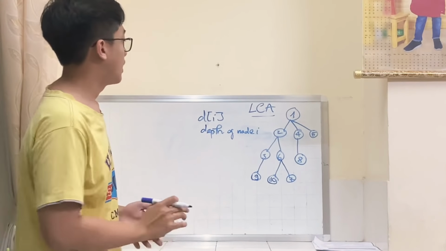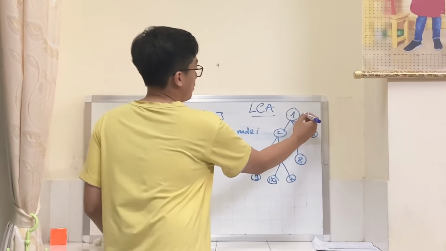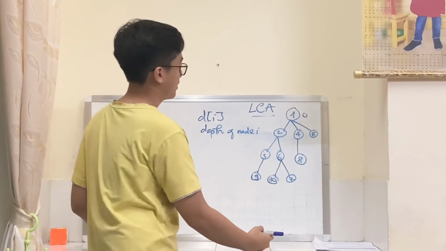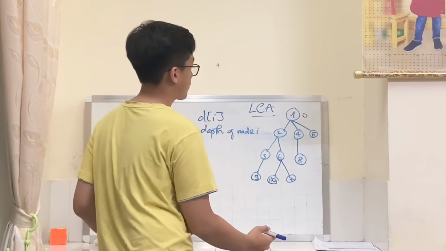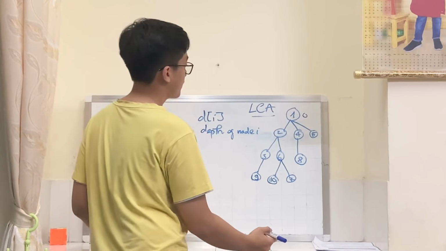For example, node 1 has depth 0 or 1. This is the root of the tree. If you are given a tree, you have to determine a root and root the tree. So the depths are 0, 1, 1, 2, 2, 2, 3, 3, 3.